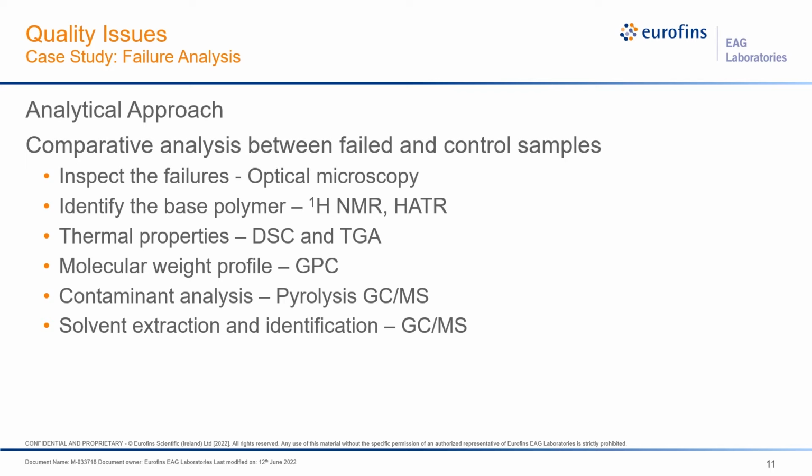This takes us back to the selection slides where we were discussing that it's important to make sure you know what polymer you have and that you didn't order polypropylene and polystyrene showed up. In this instance, they did indeed have the correct polymer and what they thought they had ordered. The thermal properties using differential scanning calorimetry and thermogravimetric analysis were examined for both the failed and the control samples.